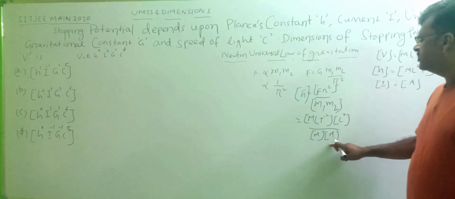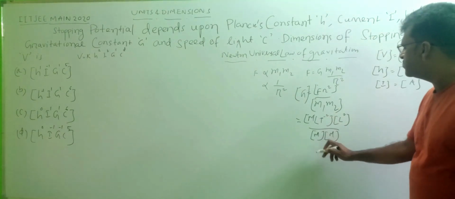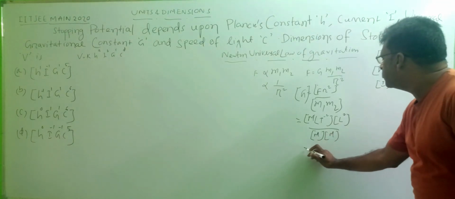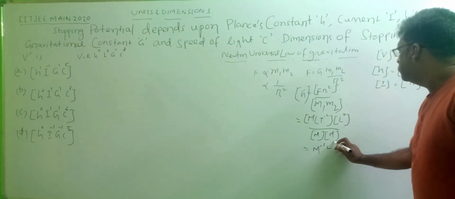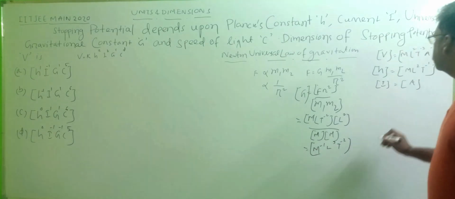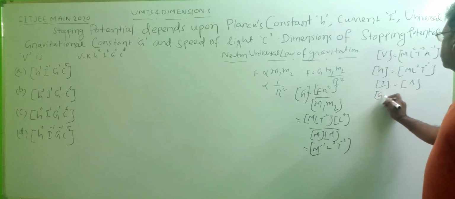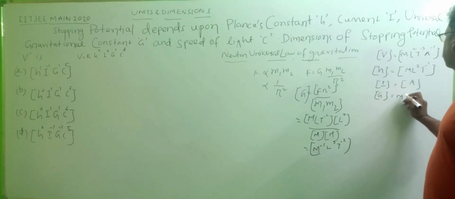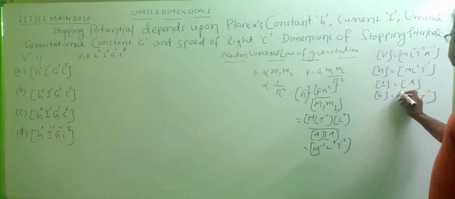Their dimensions can be written as capital M in square bracket. This M cancels out, and this becomes M to the power minus 1 L3 T minus 2. Okay students? Then we write here that G has dimensions M minus 1 L3 T to the power minus 2.